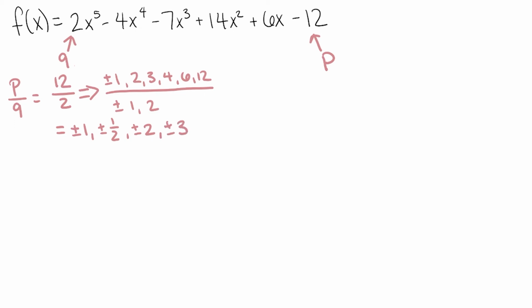Positive and negative 3, positive and negative 3/2, positive and negative 4. 4 over 2 is 2, and we've already included that. Positive and negative 6. 6 over 2 is 3, we already have that. And positive and negative 12. 12 over 2 is 6, which we already have. So now, let's just work down the line, starting with x equals 1.